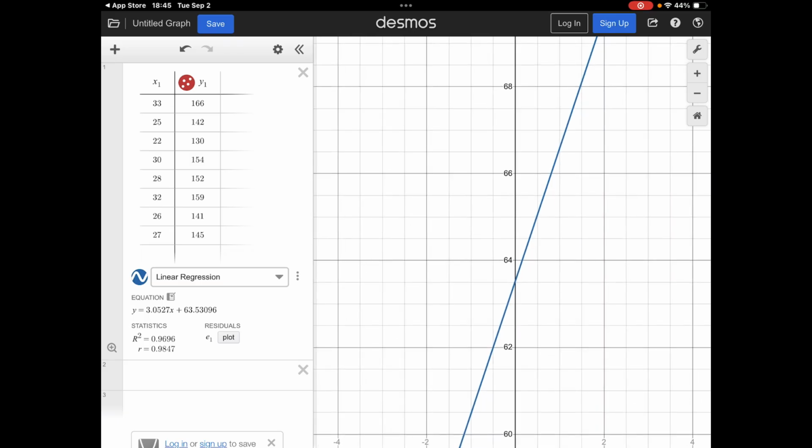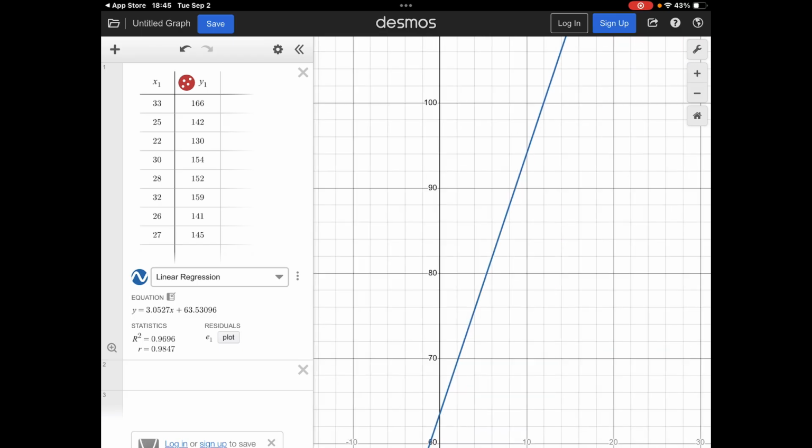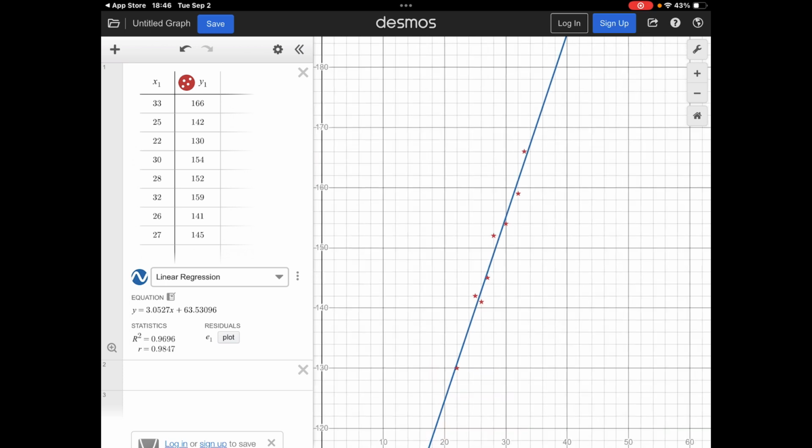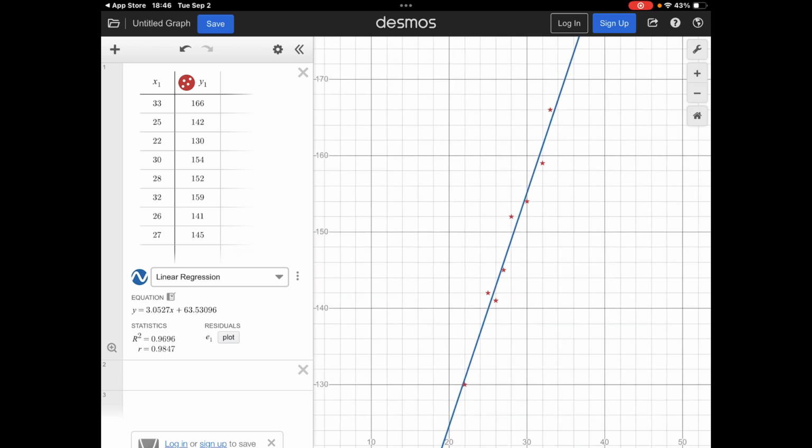This just means if your humerus length, if your x value is 0, if you have no humerus at all, the starting height for a woman would be 63 centimeters. Now, that's statistics. We're not a statistics class. I'm not going to ask you all that nonsense. But that's how you would interpret that. But that's going to be our line of best fit. That's our slope. It goes up around 3.05 every one humerus length. But that's what it would look like.